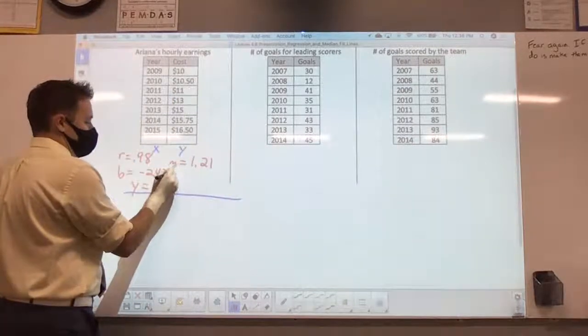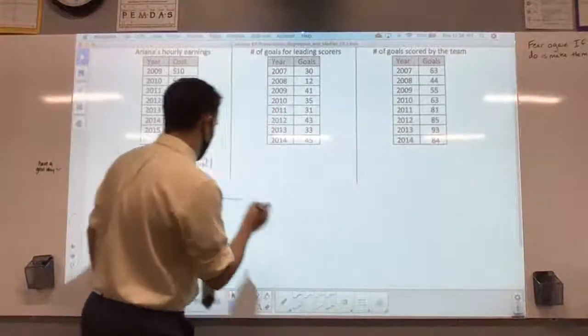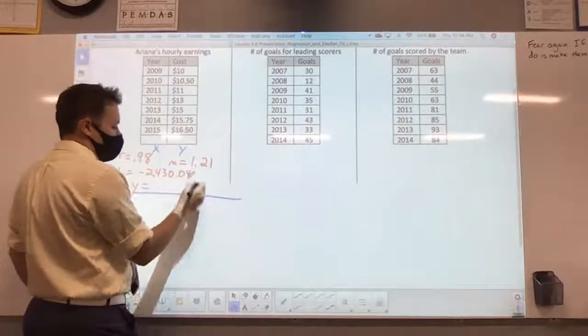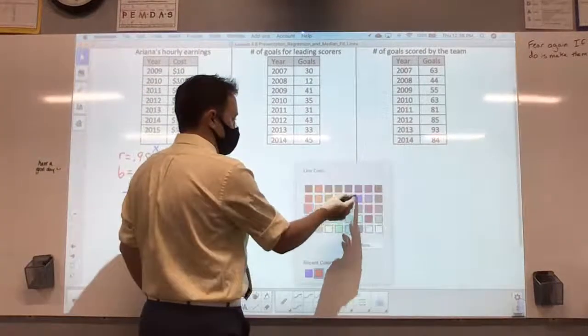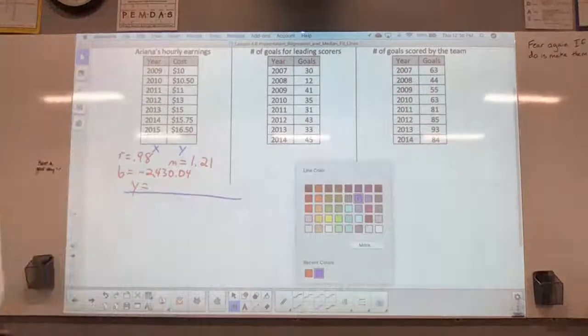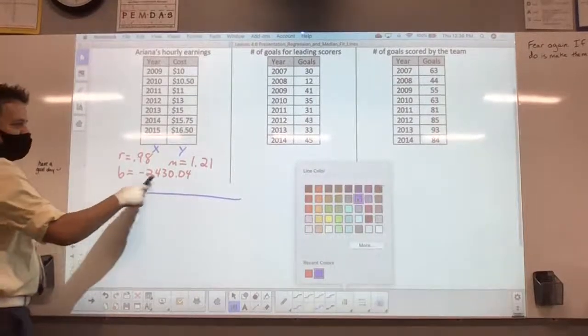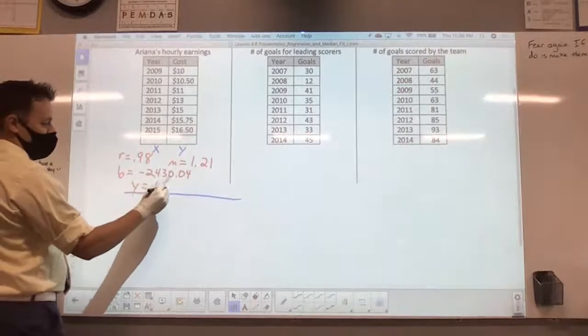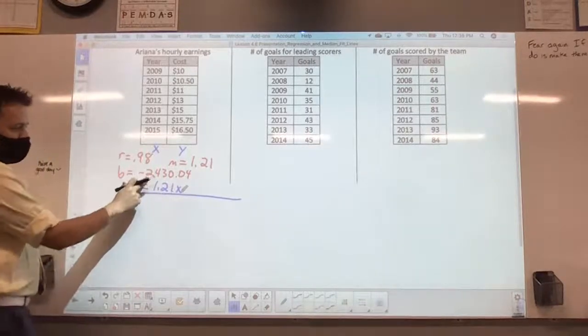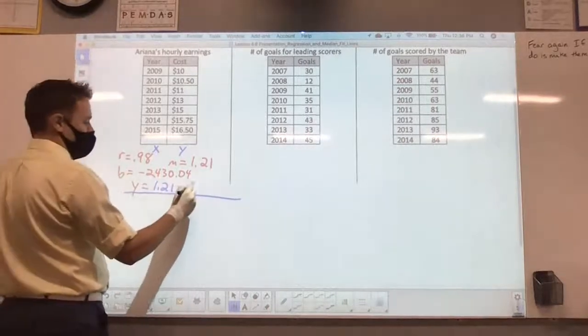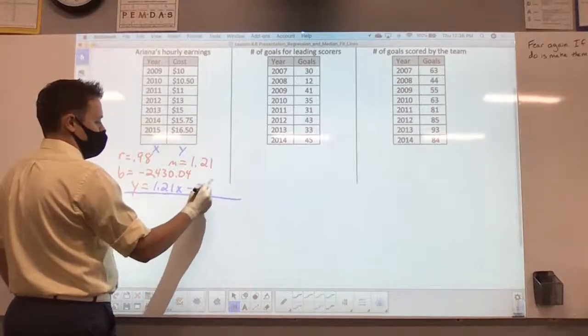And then what's the cents on that one? 0.04. So, ladies and gentlemen, guess what this actually will do for you? If I were to ask you to write a linear equation based on this information, could you do that right now? Yes. The answer is yes. Because it's Y equals MX plus what? Now this is a negative number.